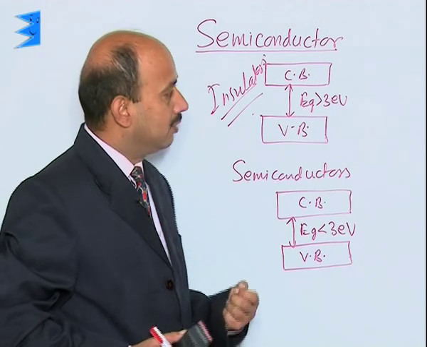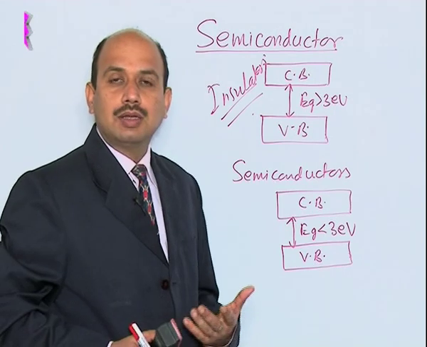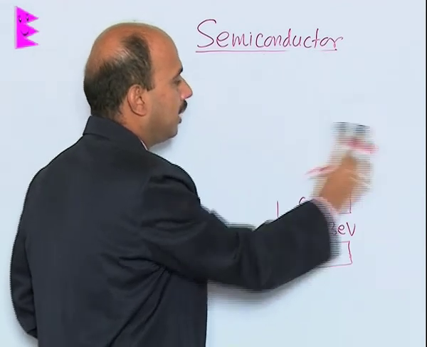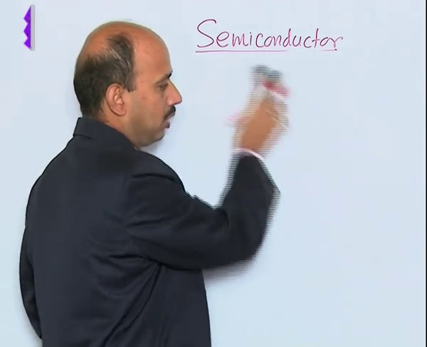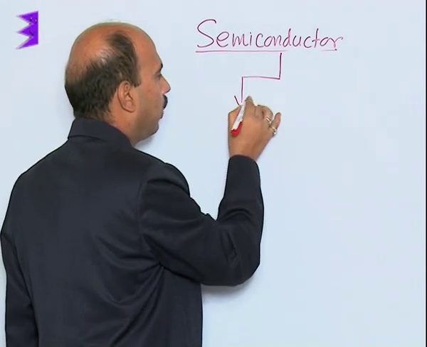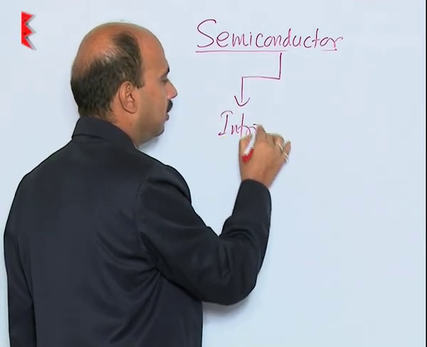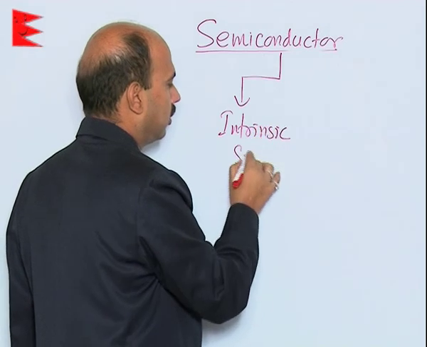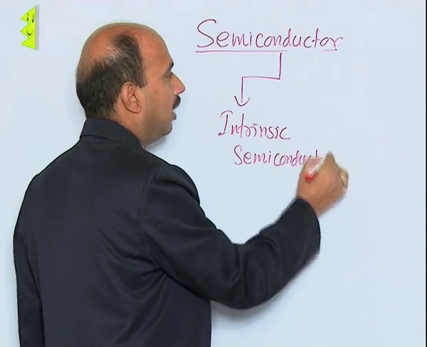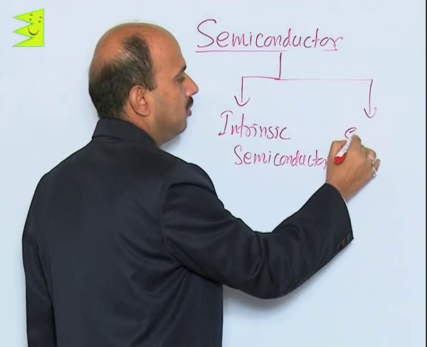And now we will be discussing semiconductors like germanium and silicon. Semiconductors are of 2 types, which we have to discuss in this chapter. The first one is known as intrinsic semiconductor and the second one is known as extrinsic semiconductor.